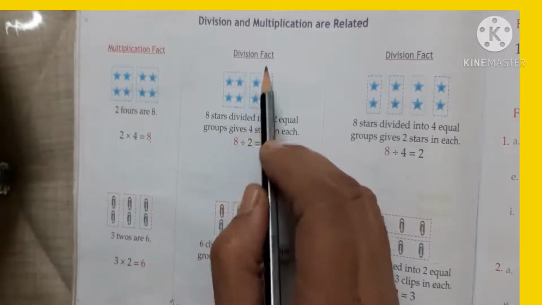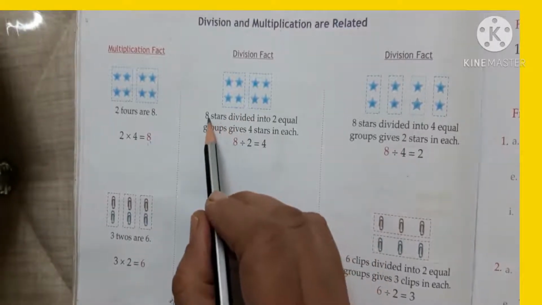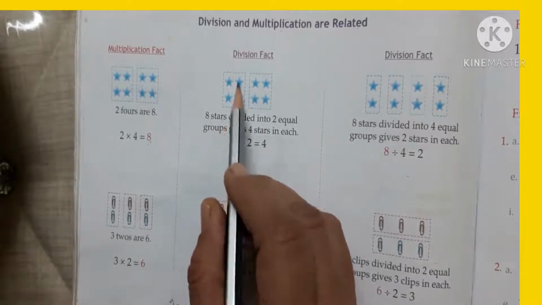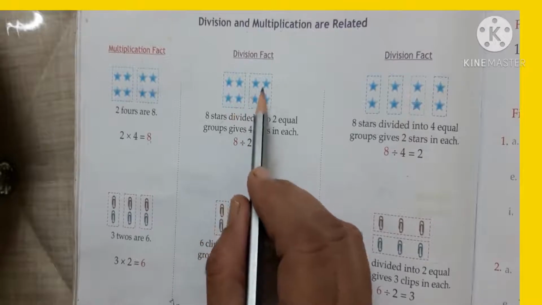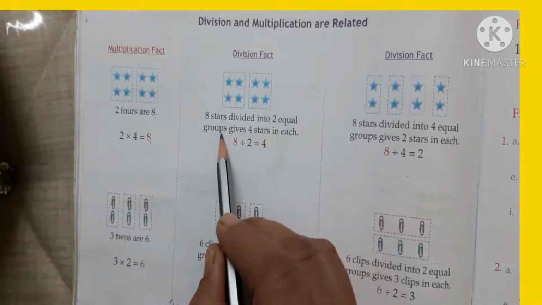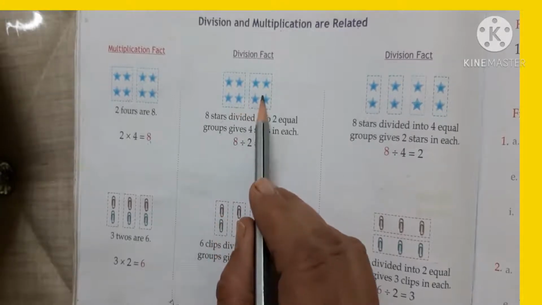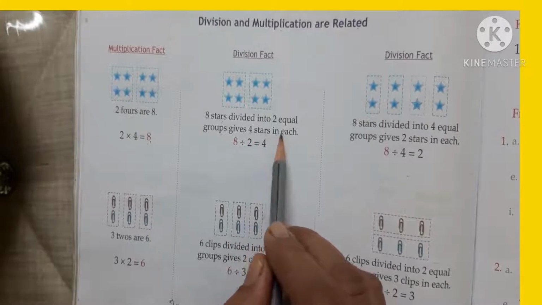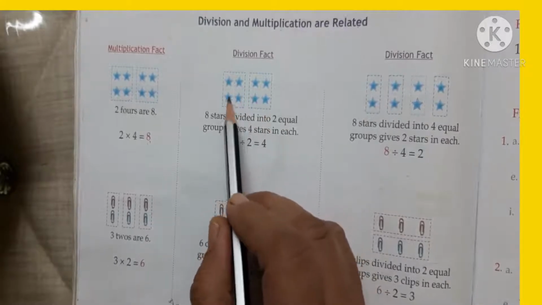Division fact. Here are 8 stars. 1 2 3 4 5 6 7 8, divided into 2 equal groups. One group, two groups, gives 4 stars in each. 1 2 3 4.